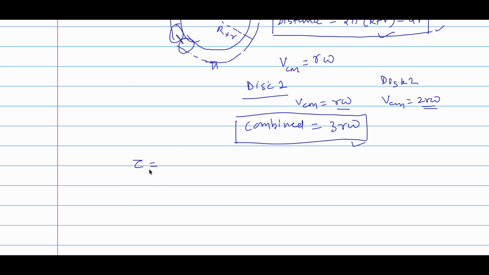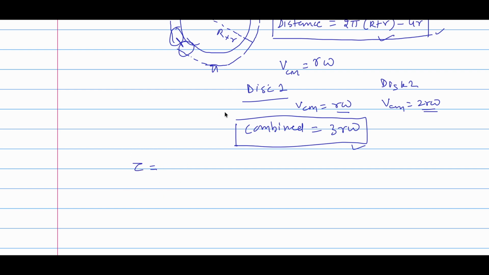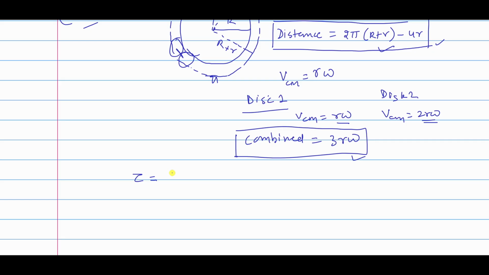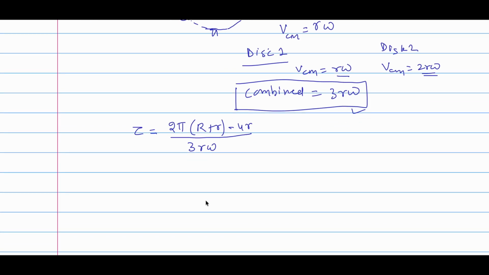Tau is equal to the distance, 2 pi (capital R plus small r) minus 4 times small r, divided by 3r omega. We know that r is equal to capital R upon 50. Put this here.